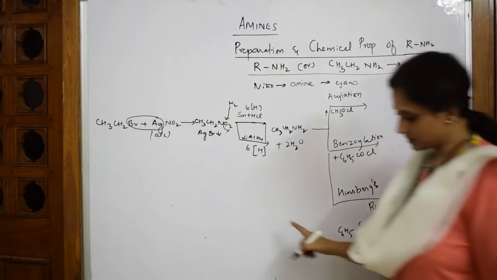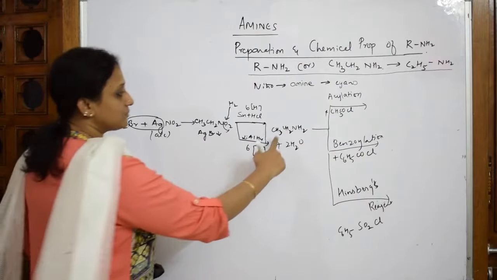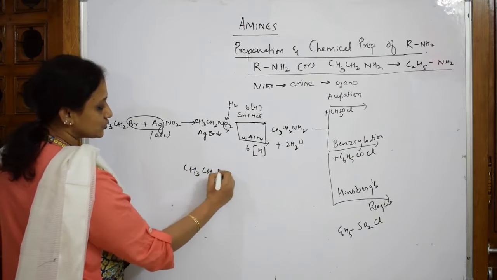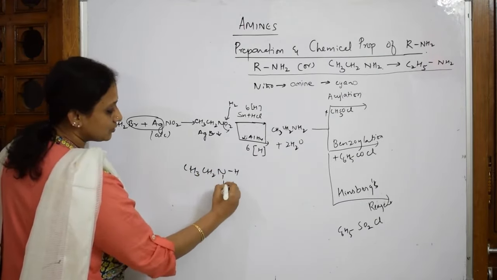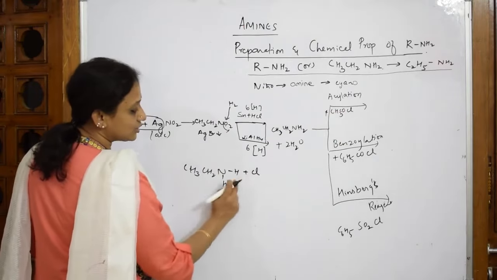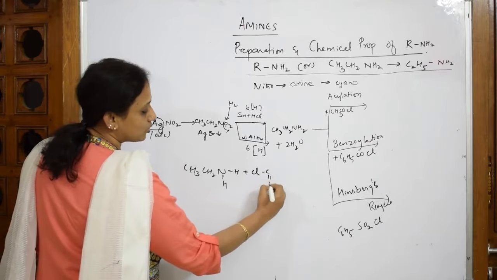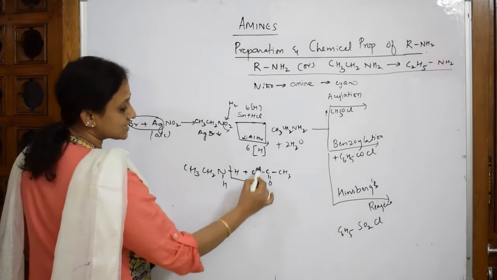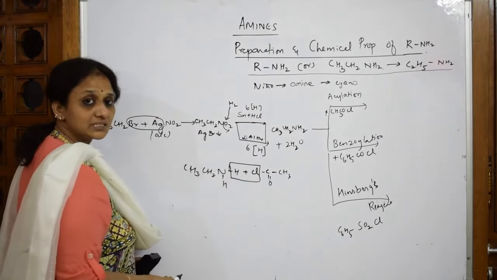Now let me write the reaction down. I am taking this and this first: CH3CH2NH with one hydrogen here. I'm going to add, for the acylation reaction, Cl, try to write it on this side, C double bond O and CH3. As soon as you add the acyl group, HCl is eliminated.